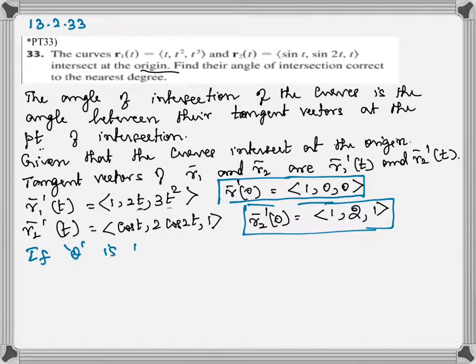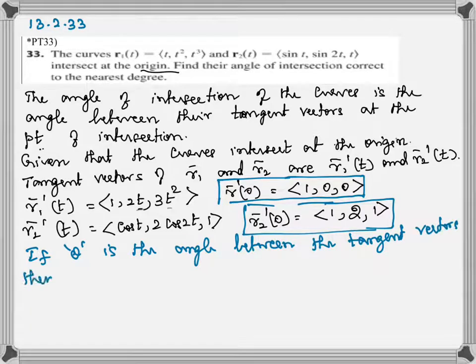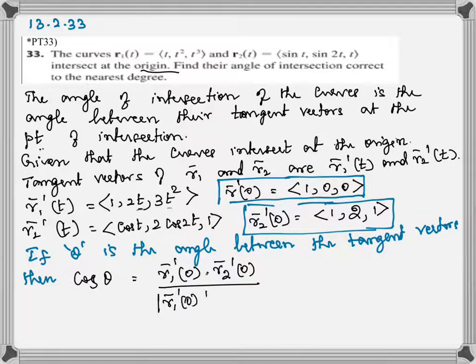Then if theta is the angle between the two tangent vectors, we know that given two vectors, we can get the angle between them through their cosine. Cosine of theta is r1'(0) dot r2'(0), the dot product between them, divided by the length of the first tangent vector at 0 times the length of the second vector r2'(0).